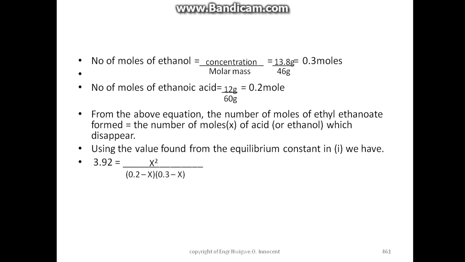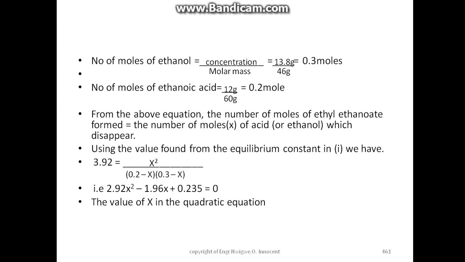That is 2.92 x squared minus 1.96 x plus 0.235, which is equal to 0. The value of x in the quadratic equation a x squared plus b x plus c equals 0. Using the formula, x equals minus b plus or minus the square root of b squared minus 4ac, all over 2a.